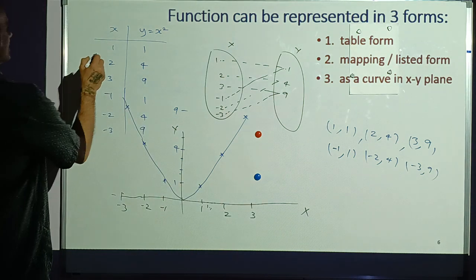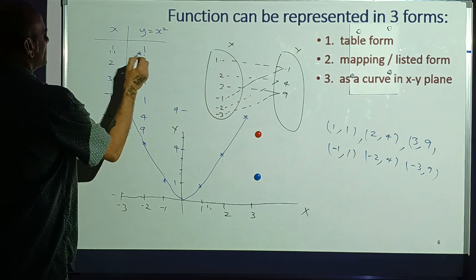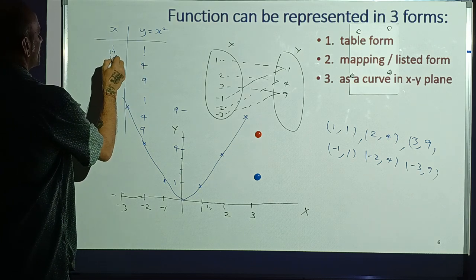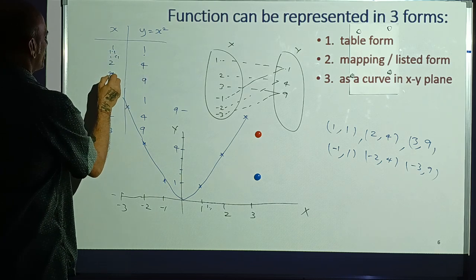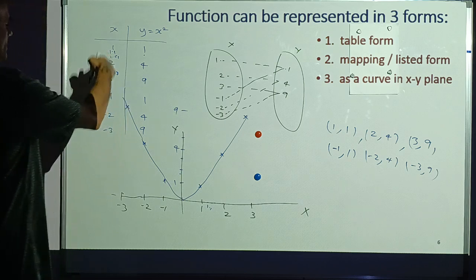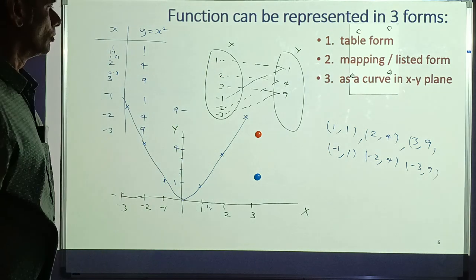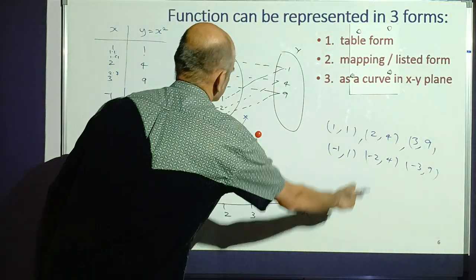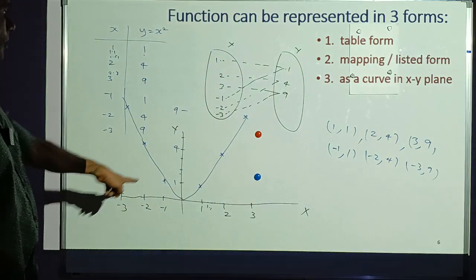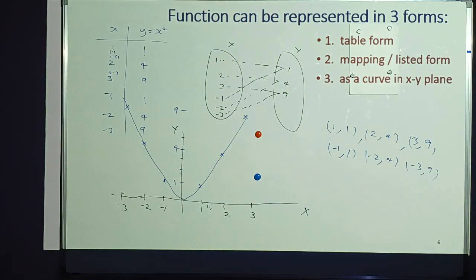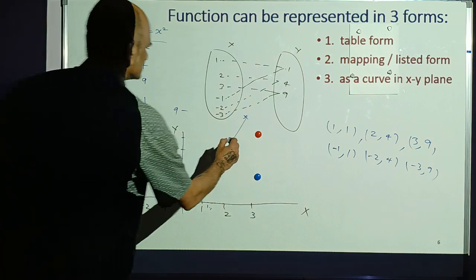But in the table, if it is 1.1, again I have to give the value. 1.9 is another value. So 2.8 means another value. So the table will become bigger and bigger. Even the number of elements here will become more, and here the number of pairs will become more. So this is a compact or more convenient way of representing the function, which is a curve.